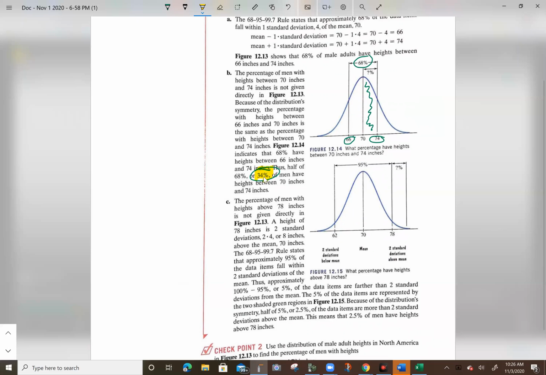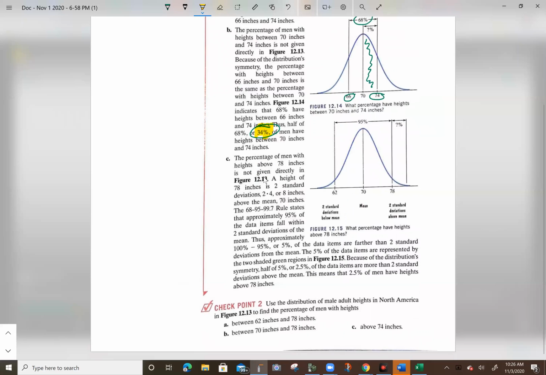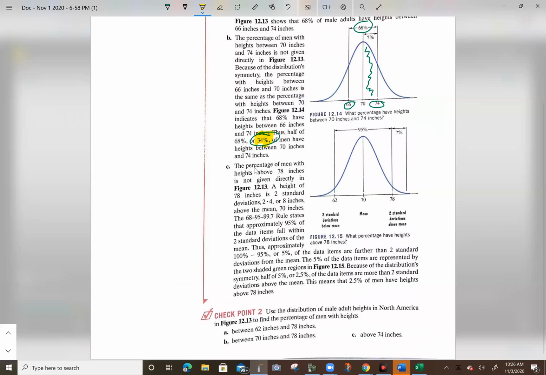We can say that. And then C is a little bit trickier. C says we're looking above 78. So 78 is plus 2. So we want everything above plus 2. So here's how I would do it.